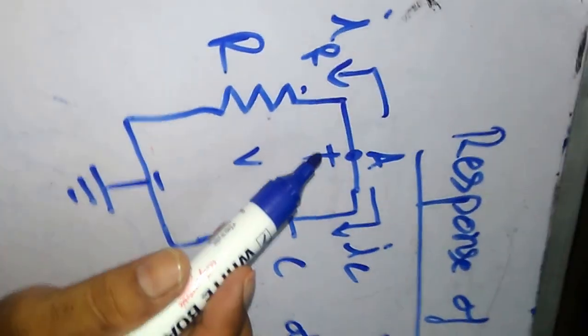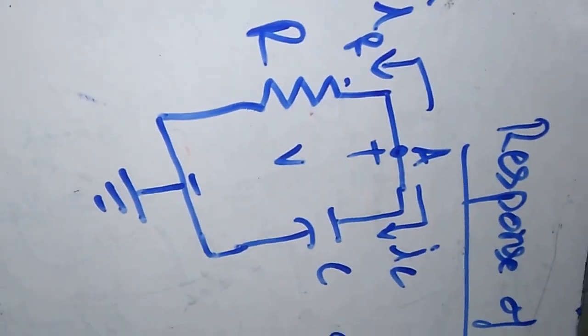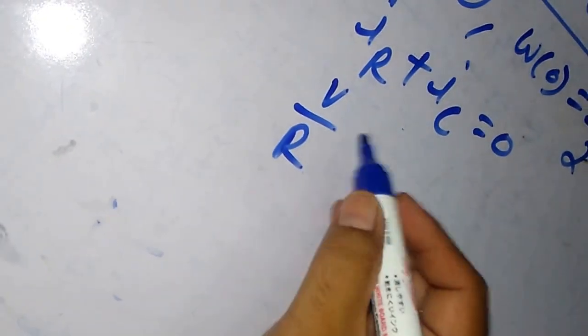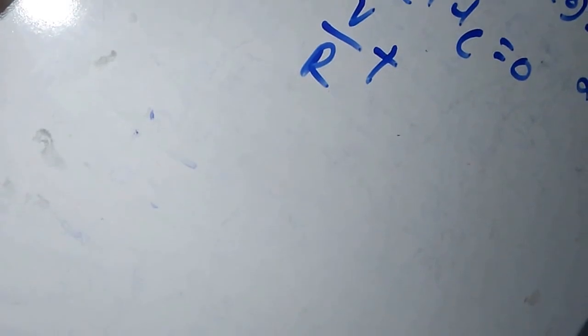Now IR is equal to the voltage across the resistor, V by R. You can write it as V of t by R, plus IC, the current flowing to the capacitor.